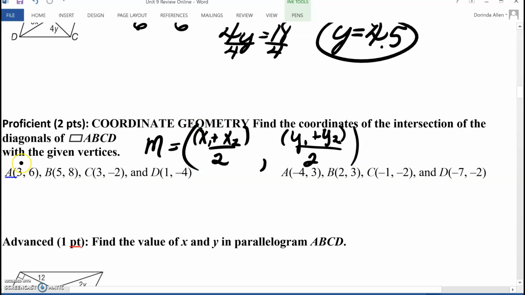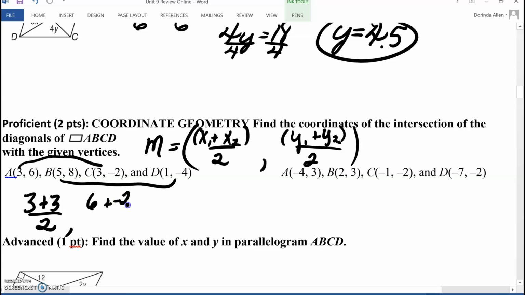My diagonals are going to be every other, so AC and BD, so I can just do either one. My coordinate would be 3 plus 3, my two x's here, divided by 2, and 6 plus negative 2 divided by 2, which gives me 6 over 2, which is 3, and 4 over 2, which is 2.